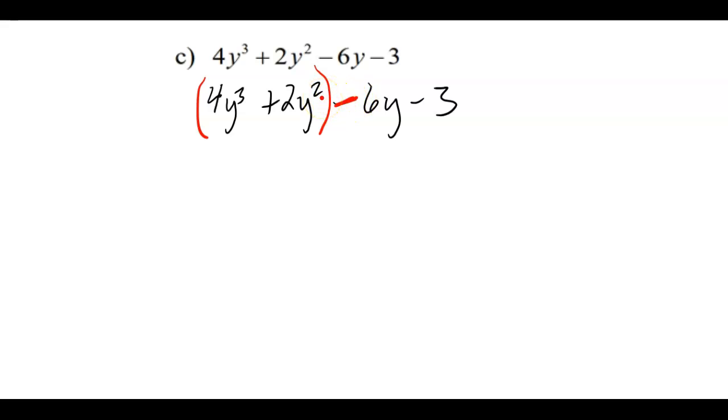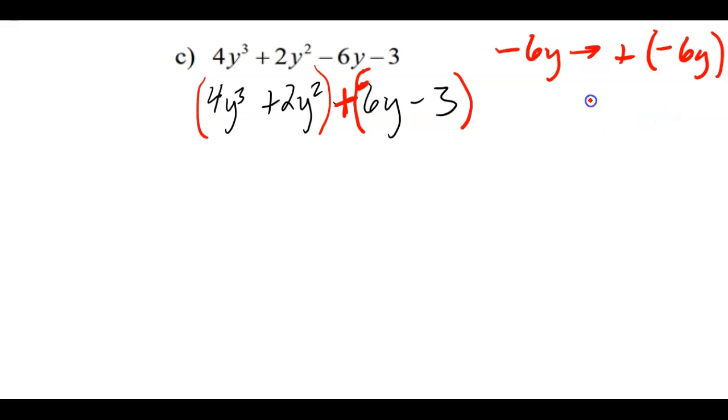One of the rules for factoring by grouping is the symbol in the middle should always be a plus, which means that negative needs to turn into a negative 6y. So instead of minus, I want negative 6y. So essentially I'm taking minus 6y and I'm turning that into plus a negative 6y with whatever grouping, okay?